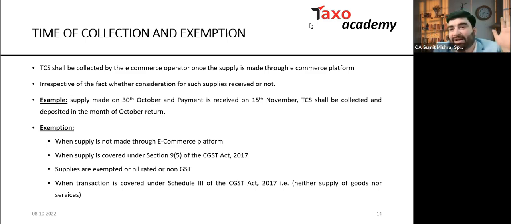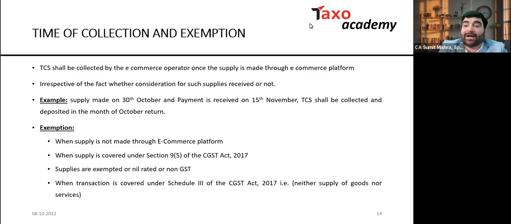So again, similarly, like the TDS provision, there are certain exemptions, since there is a trail being created by the government on the taxable supplies, so that there will be no tax evasion. So again, similar provisions are there. TCS will not be collected if that supply is not made through an e-commerce platform.